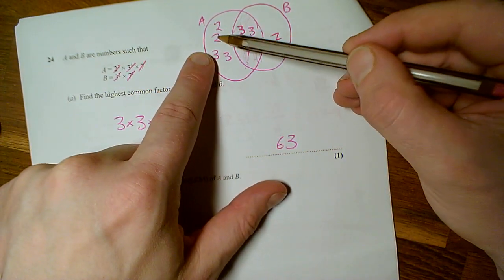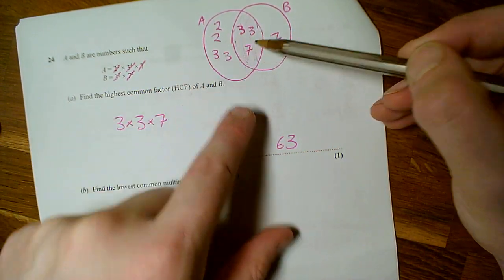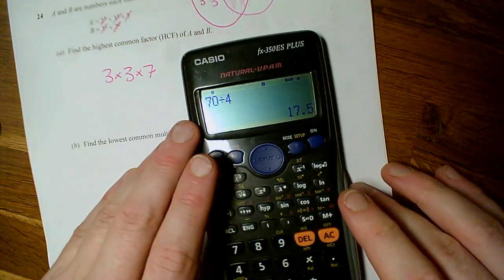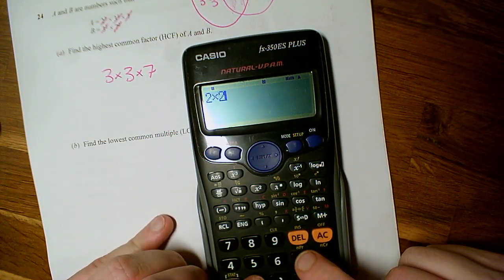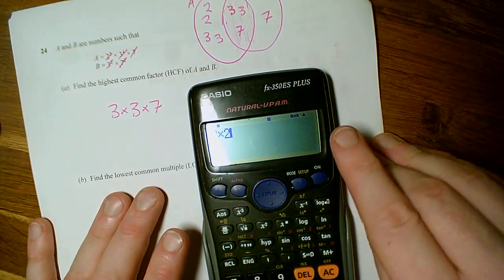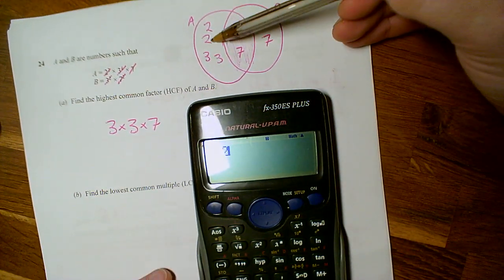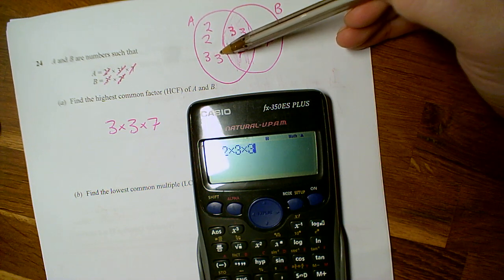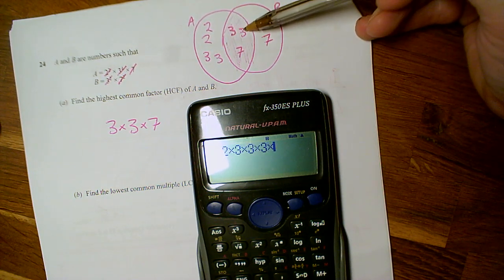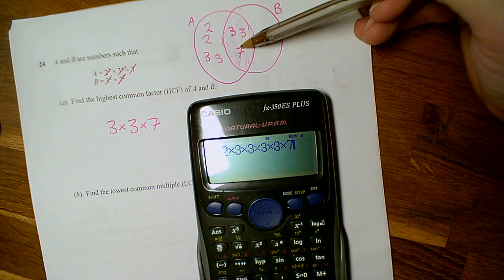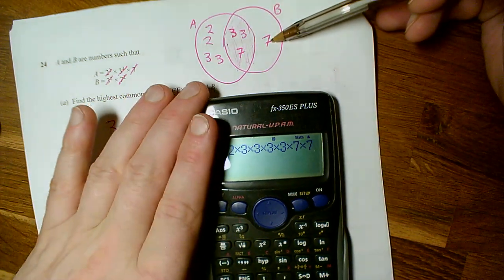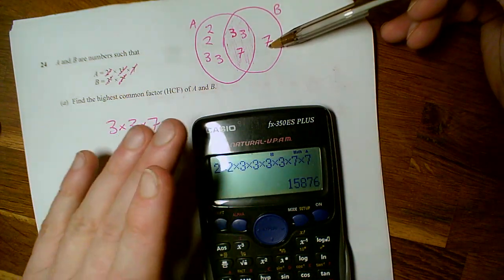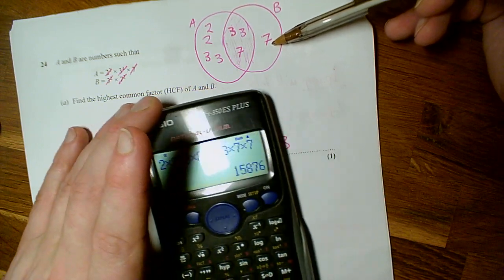For the LCM, you multiply every number in the whole thing by itself, which is different to multiplying all these together, because some of them appear in both. But I'm going to do 2 times 2 times 3 times 3 times 3 times 3 times 7 times 7. I'm not going to try and do that in my head. I'll make a mistake. There are other ways of doing this, but that's the one I've taught you, so I'm putting it on there.